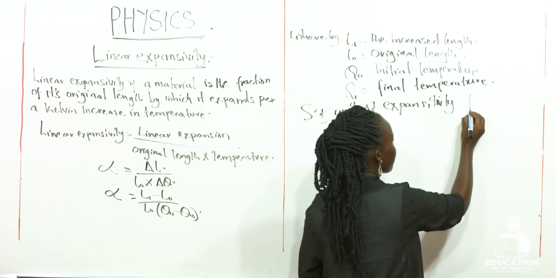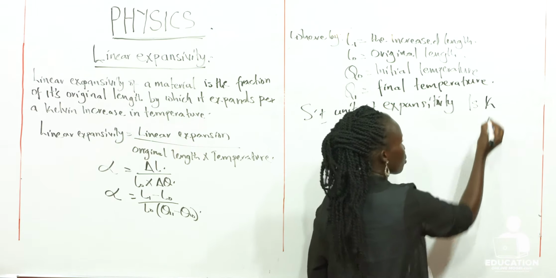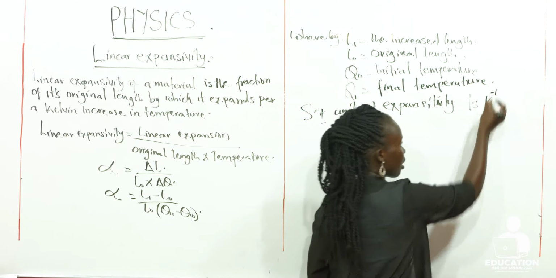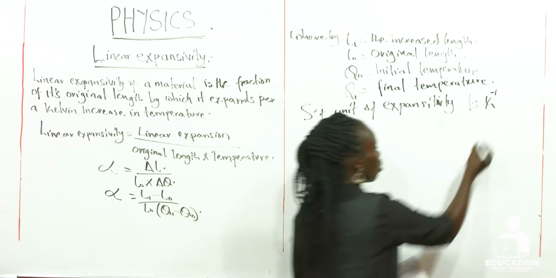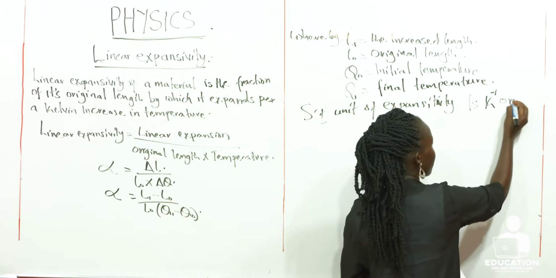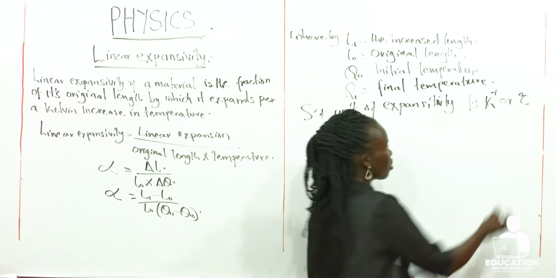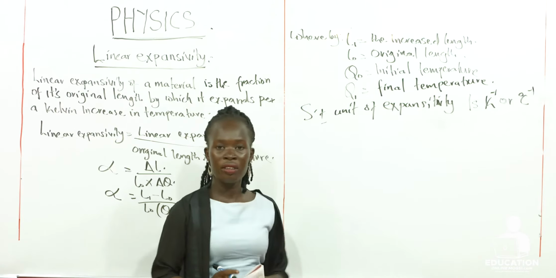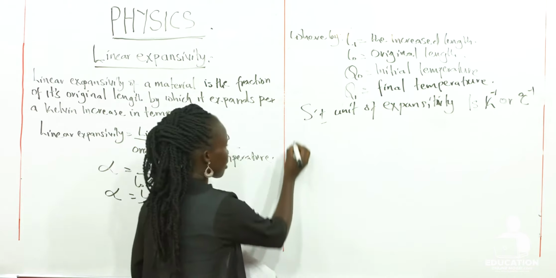We can have it as per Kelvin, which is written as K power -1. That -1 there on top is the per. Or we can have it as per degree Celsius. So we shall have it as our per there, which is the power -1. So let's take a look at this example.